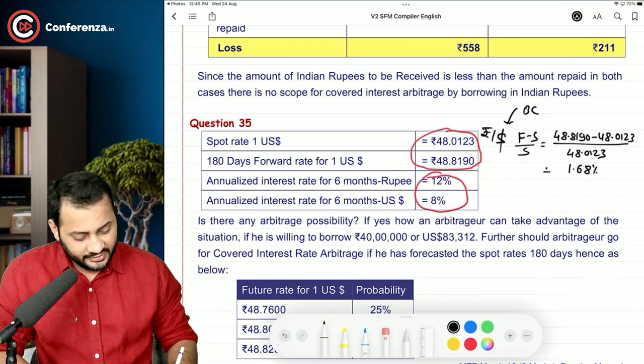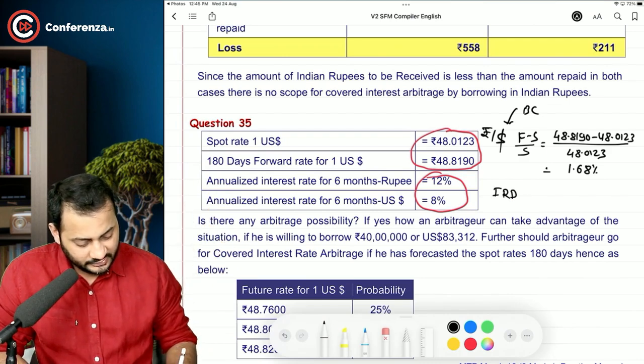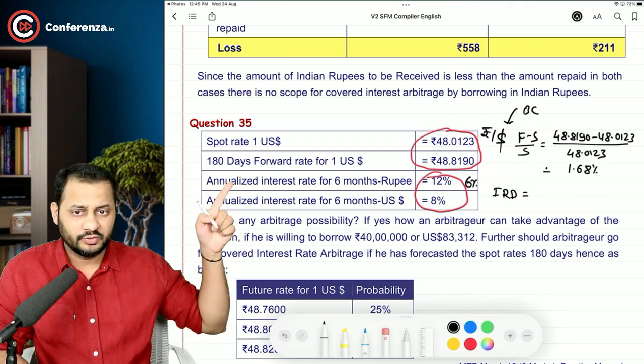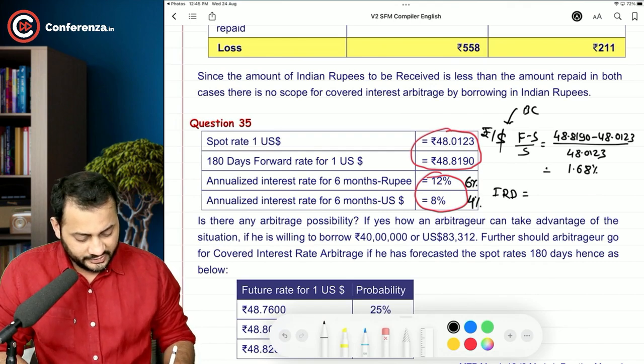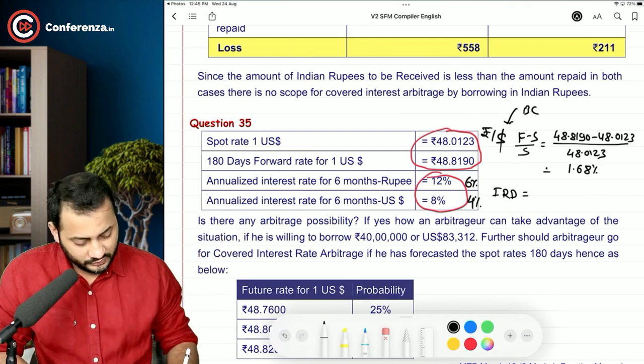And the interest rate differential for 6 months is, can I say, 6% for the Indian currency and 4% for the dollar. So the interest rate differential is 6 minus 4, that is 2%.